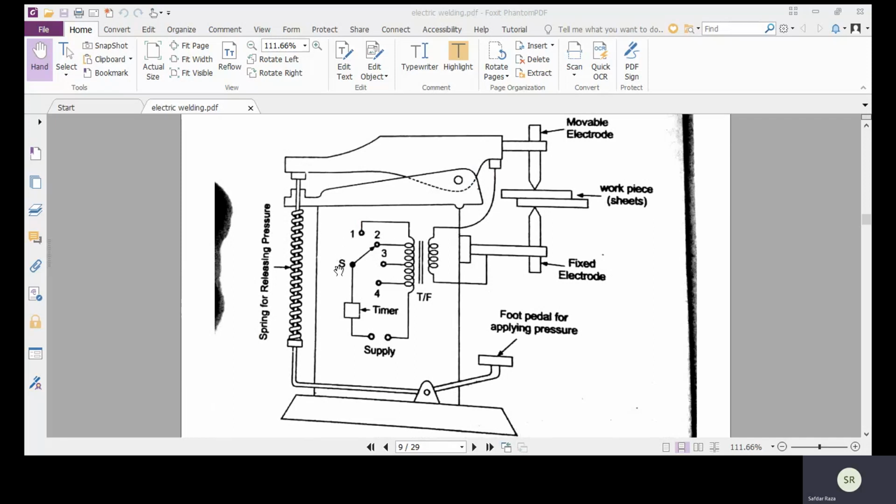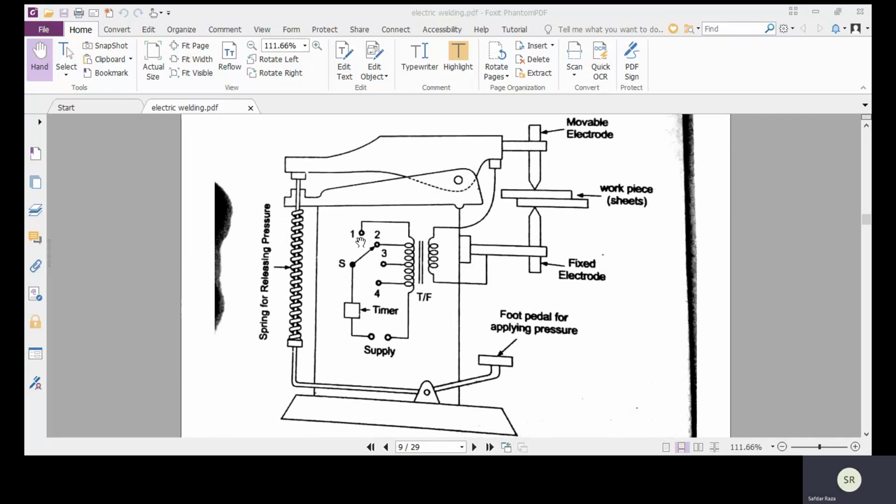With the help of this switch, we can select the amount of tapping, and it depends on the current requirement to weld the two different pieces of metal. For maximum welding current, the selector switch should be kept in position number 1. If we want to employ the maximum amount of current, we place the switch at position number 1.